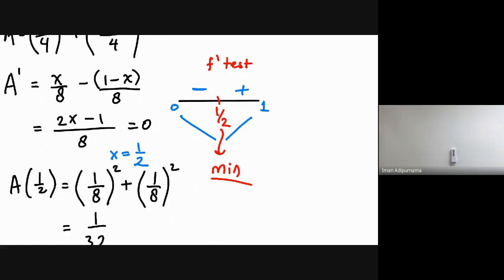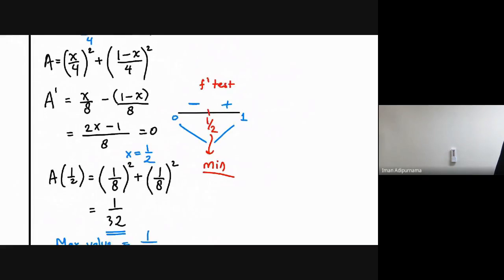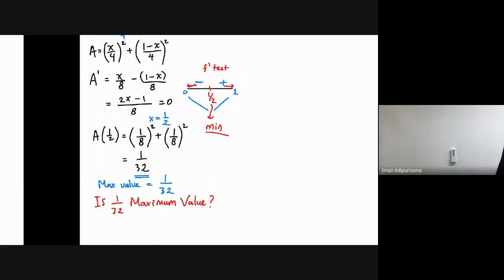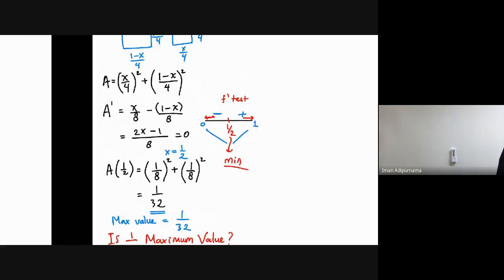So the answer will be, you can imagine the limit, okay? Going to 0 from the right, or going to 1 from the left. You can check the limit value. So the limit as x approaches 0 from the right of your f(x).